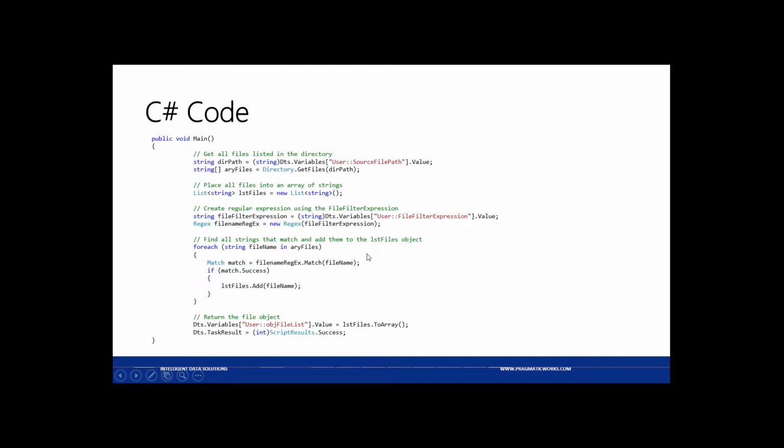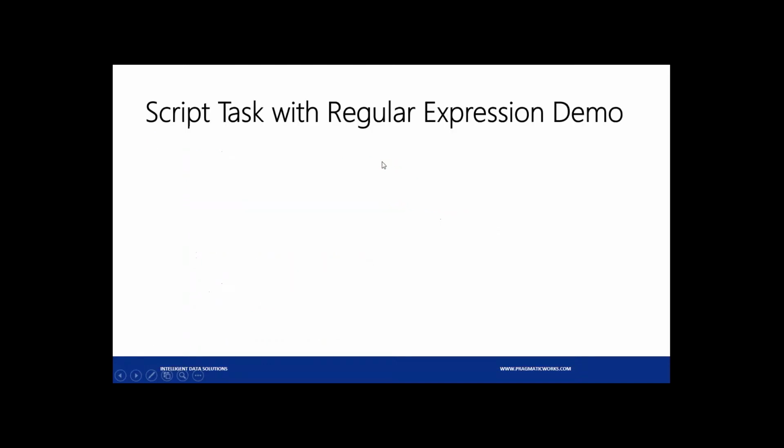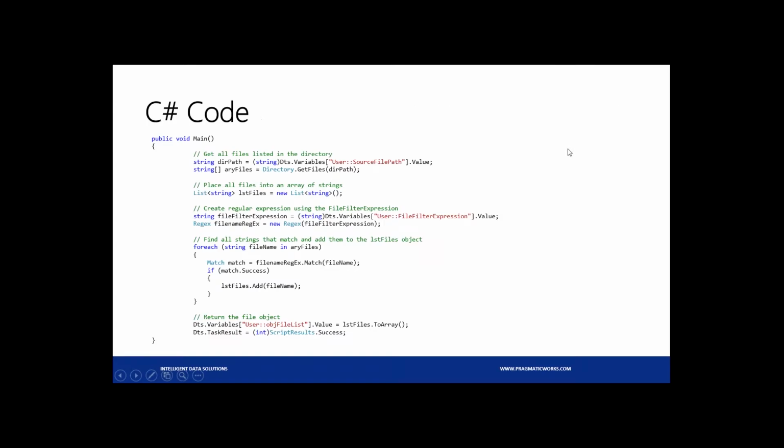This is the C# code that you will put in your script task. At the very beginning of your package, we will have a variable that says what the source is, where our files sit, and we're going to pass that to the script task. Once that executes, we're going to go get all of the files in that directory using the C# code here.